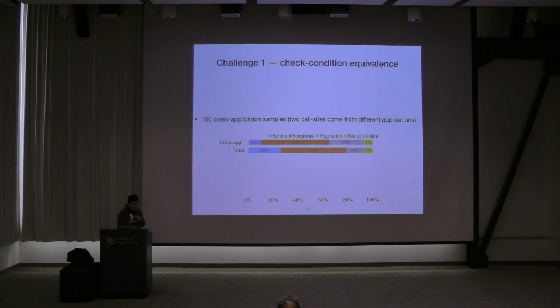In this case, you can see the syntactic equivalent decreases from 26% to 10%, while the pragmatic equivalent increases from 14% to 28%. This result makes sense because developers of different applications may have different coding styles. They may use different syntax to implement the same behavior.